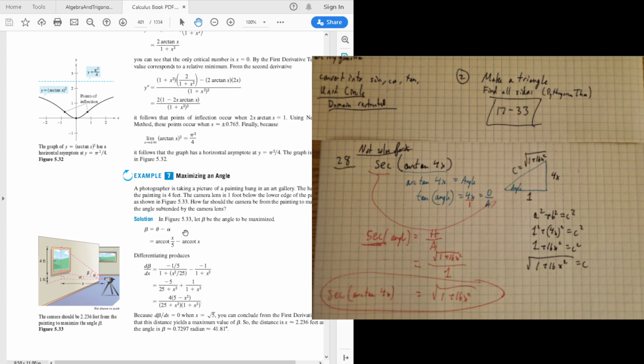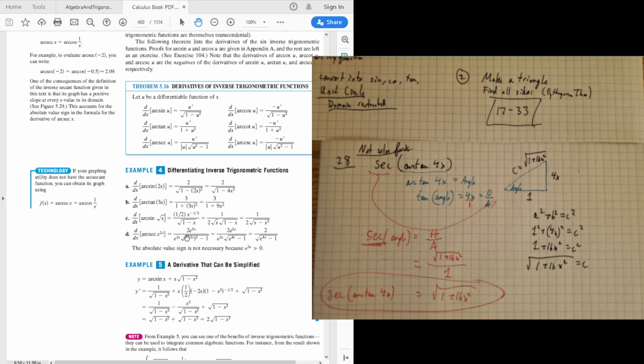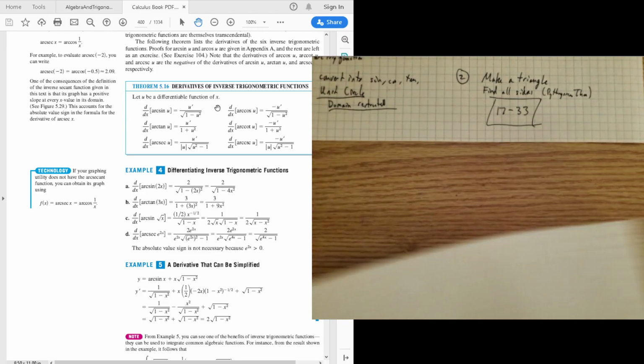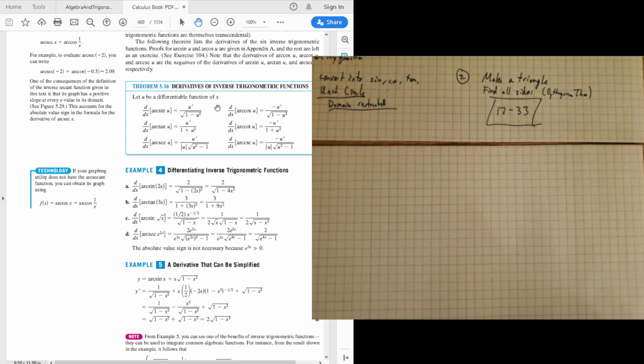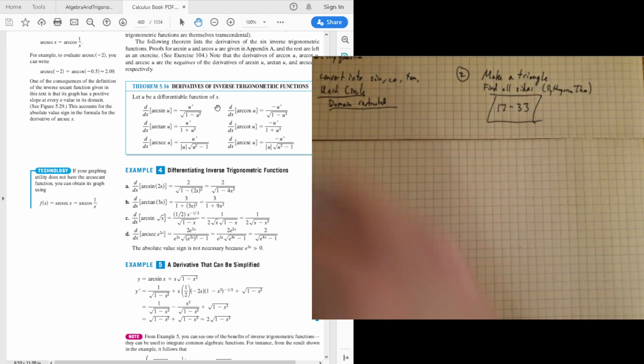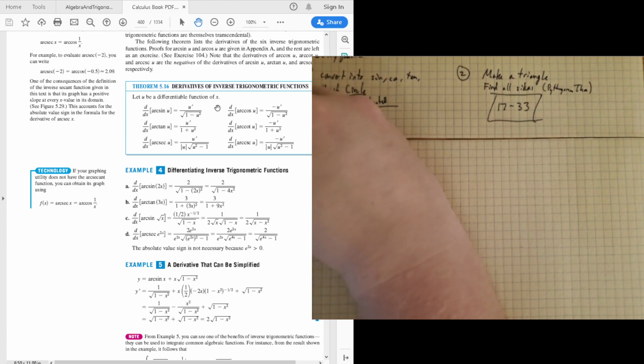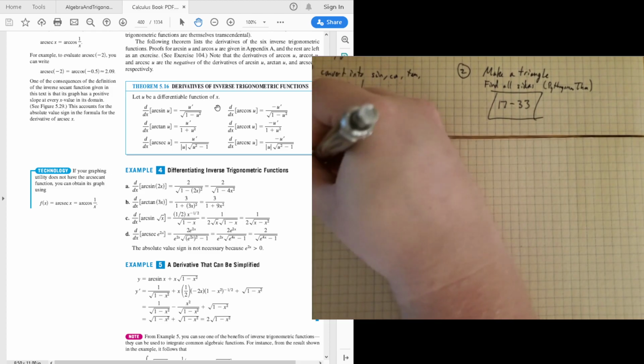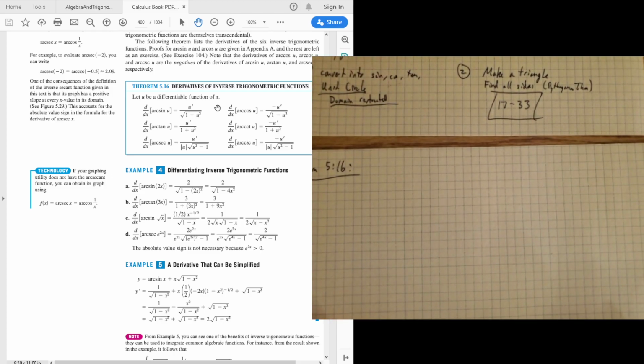Now, for these ones, the derivative rules are pretty short and sweet. Here they are. So, Theorem 516. Last piece of notes for the day. So you notice relatively short notes, but a lot of concept here. And these are all your derivative rules.